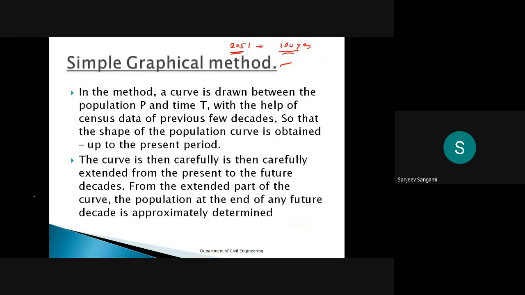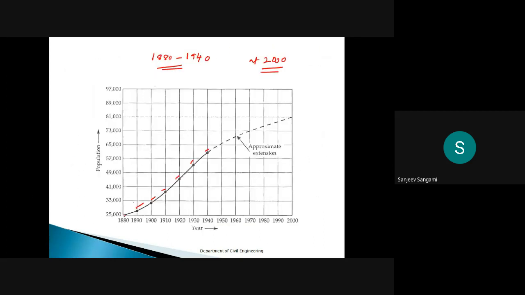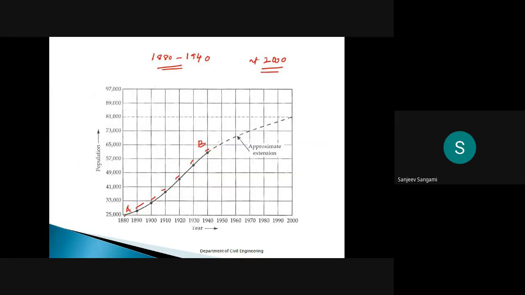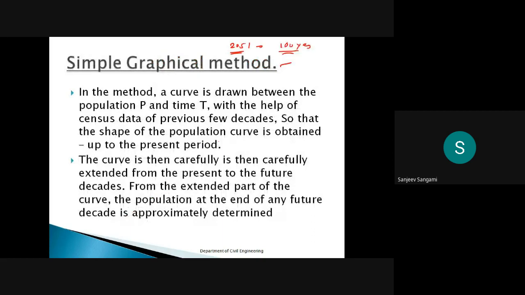Assume this point as A and this point as B. I am plotting with the help of Excel data, or with the help of some origin software available to plot graphs. Even in Excel you can plot it. Then slowly it has to be extended from the present to the future decades. See how exactly it will be extended.